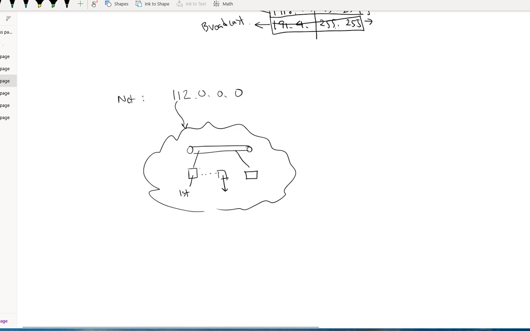And then after this, I'm going to have the second, and then etc. And somewhere here, I'll have the 259th host. So I'm asking, 112.0.1.3, is this the IP address for this 259th host? Is it yes or no, basically?